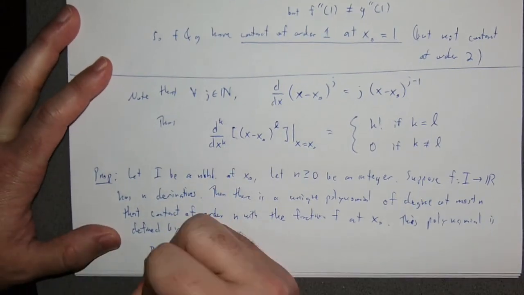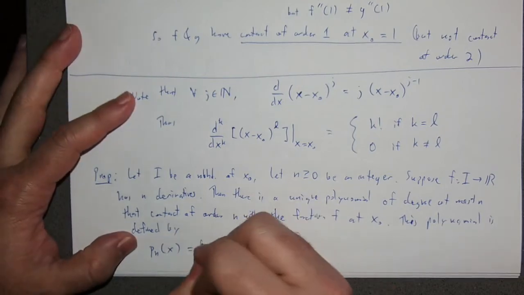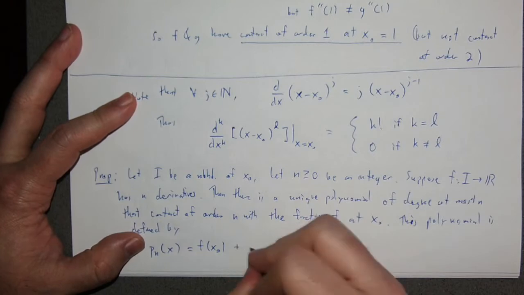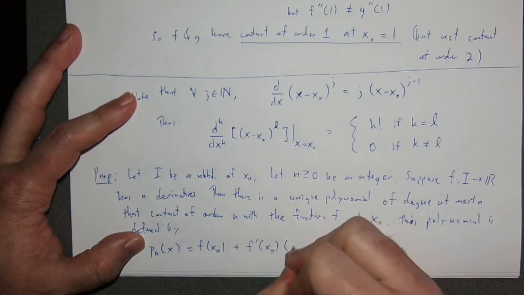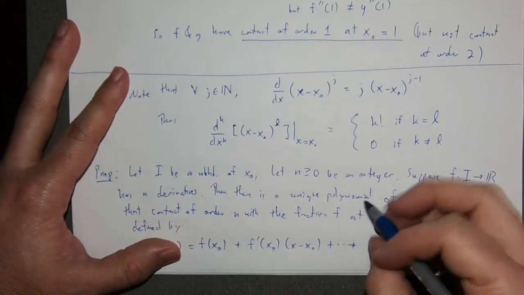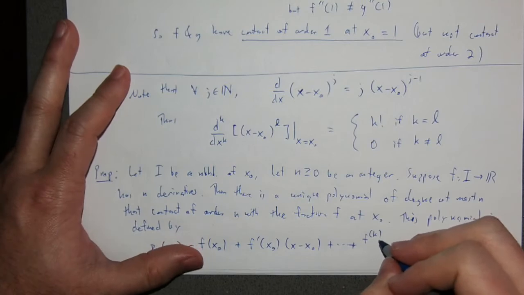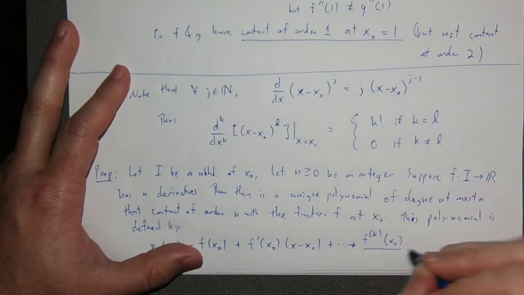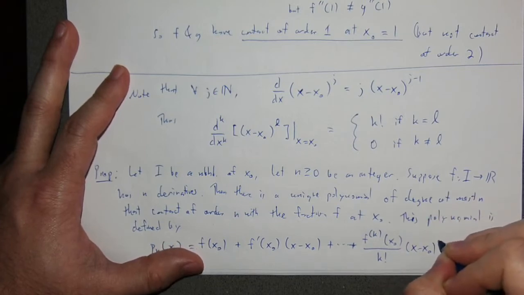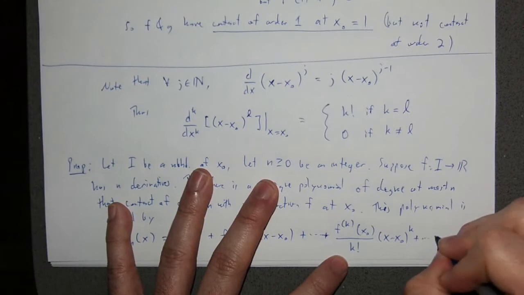So you are going to recognize this immediately. This polynomial is defined by p sub n of x, which is f evaluated at x naught, plus f prime evaluated at x naught times x minus x naught, plus, and so on, the kth derivative of f evaluated at x naught divided by k factorial times x minus x naught to the k, and so on, all the way up to order n.